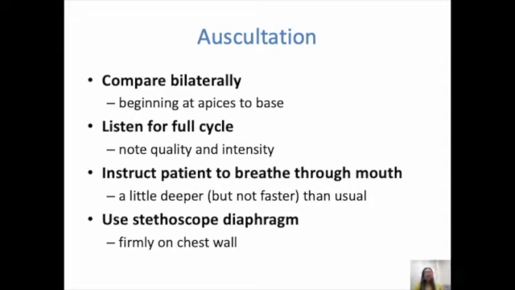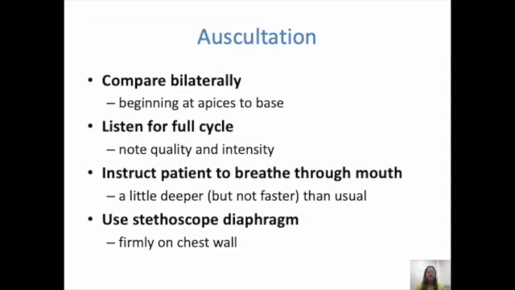Now you have to keep in mind that there are some reasons why you might not be able to hear good lung sounds, and this is usually due to extraneous noises in the room. So environmental noises, maybe the tubing of your stethoscope is rubbing together, dampening the actual breath sounds. If the room is cold, the patient may be shivering.